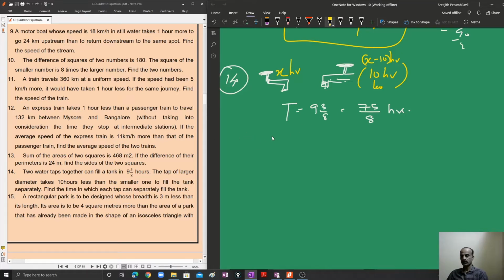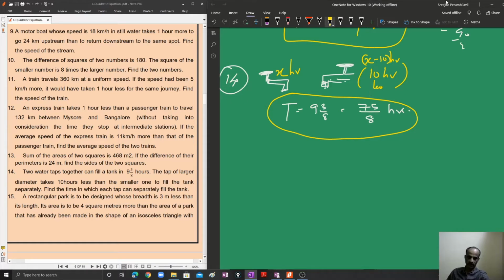So, how do you do this question? This tap takes x hours, this takes x minus 10 hours. The two together they take 75 by 8 hours. That means together, with both of them on, they will take 75 by 8 hours.